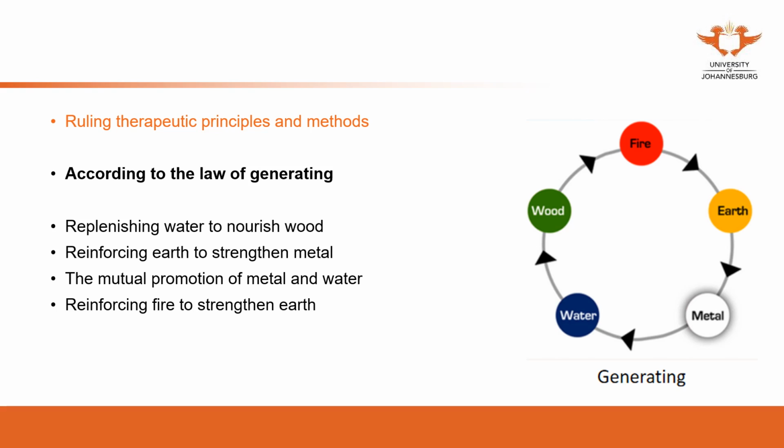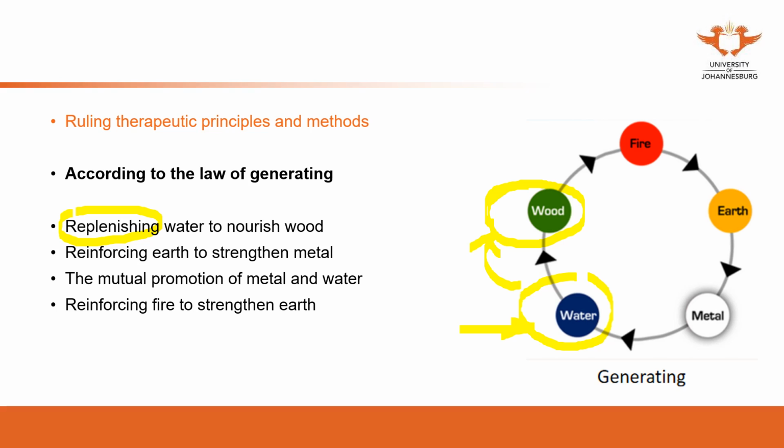Patients suffer from liver deficiency, or wood deficiency, the weakness of the wood. In this situation, we can tonify the water, replenishing the water. When you tonify the mother element, you can nourish the son element, or the child element.